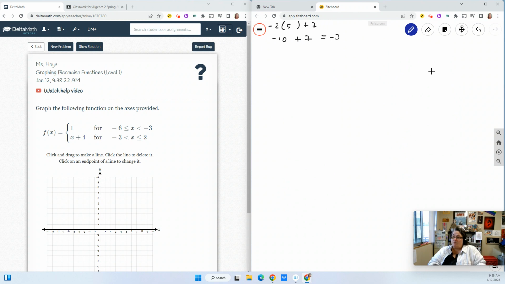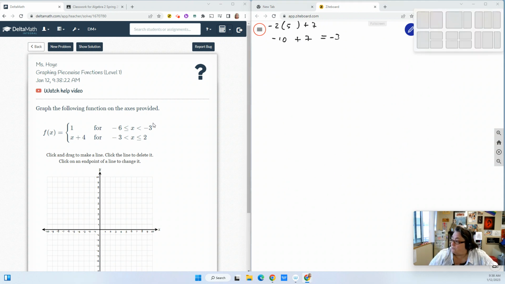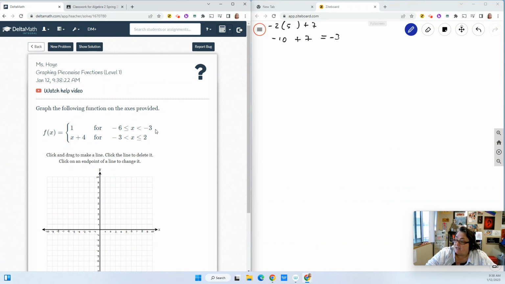So here, when I look at this first equation, it says when it is between negative 6 and negative 3, our y value is just 1. There's no equation with that one, right? That means that from x equals negative 6 all the way to x equals negative 3, the y value is just going to be 1.